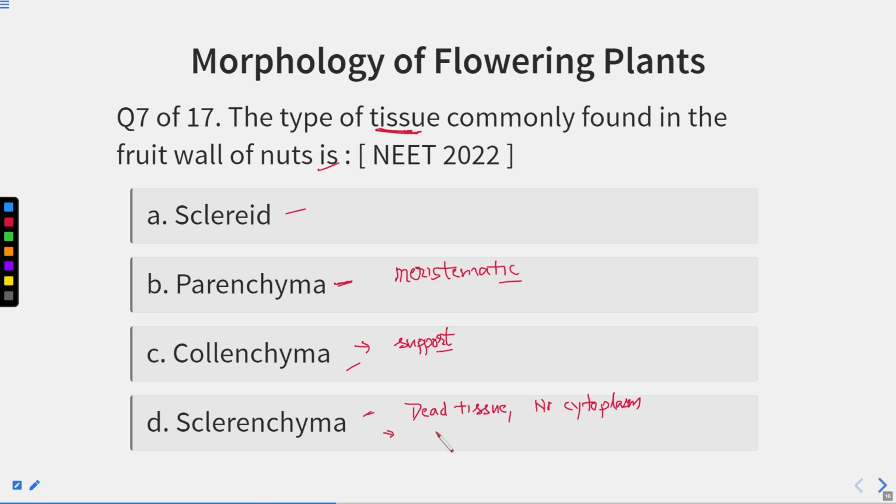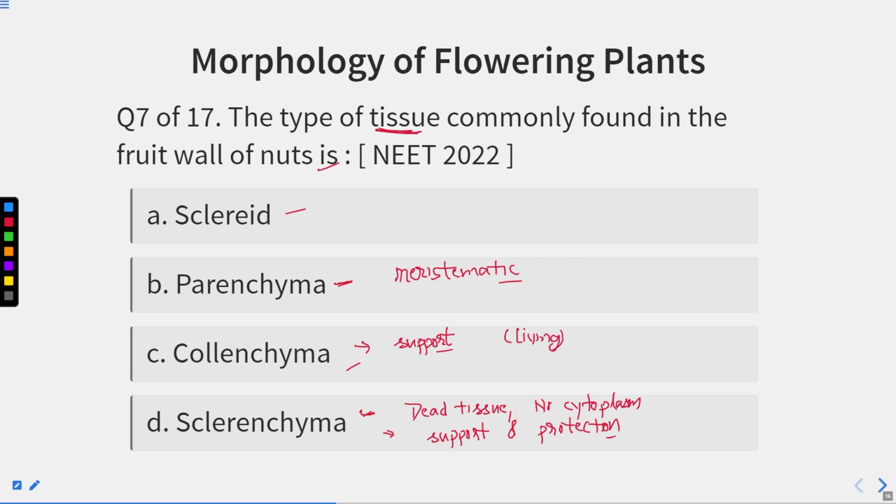They help the plant. What is the function? Support and protection is the function of sclerenchyma tissues. Sclerenchyma tissues have thick secondary walls. Collenchyma are living cells. Sclerenchyma is dead only.